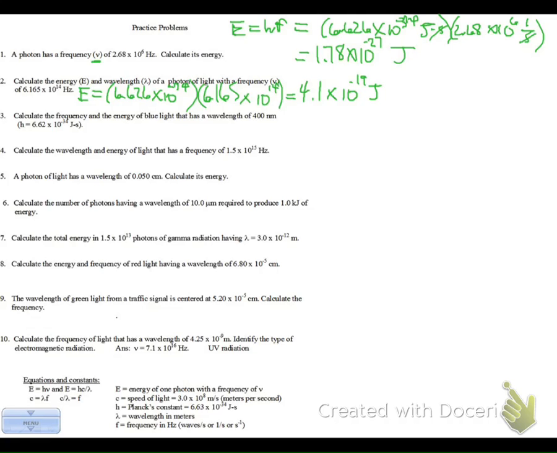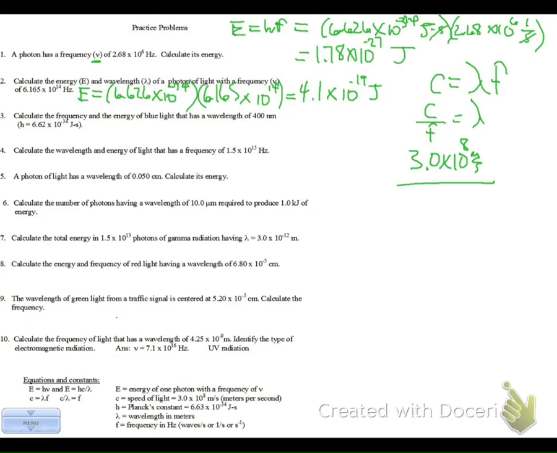Okay, in problem 2, we're also asked to find the wavelength. So that's a different relationship. This is c equals lambda f. Lambda is wavelength. For every problem dealing with finding wavelength or frequency when you're given the other, it's always going to turn out to be the speed of light divided by the value you're given to find the one you're missing. So for our problem, we know the speed of light. We always know the speed of light. And that's a meter per second.